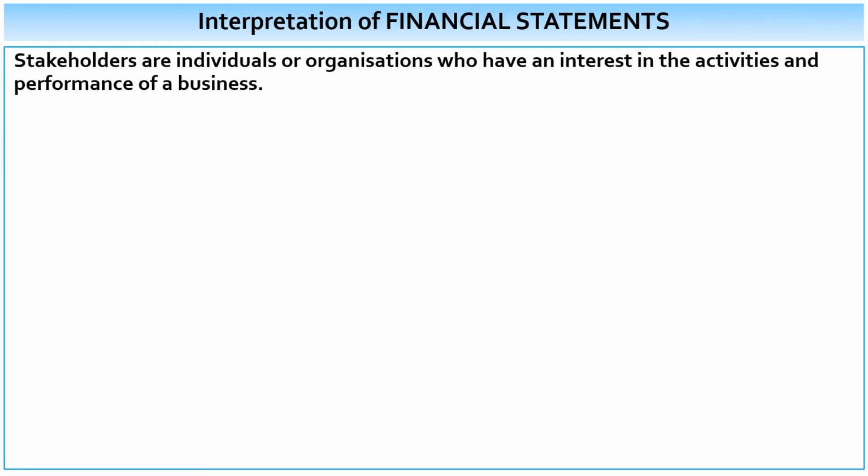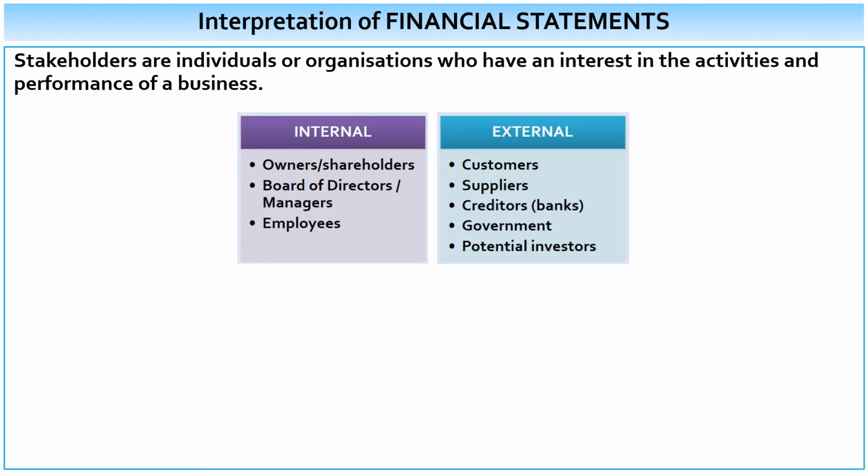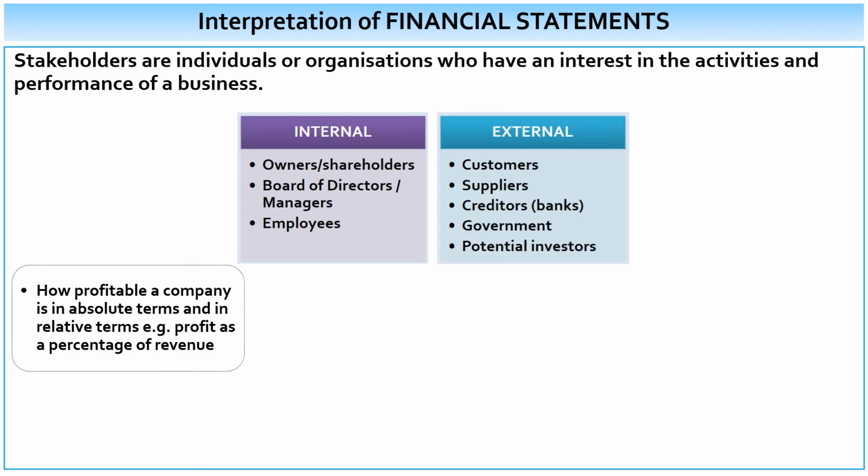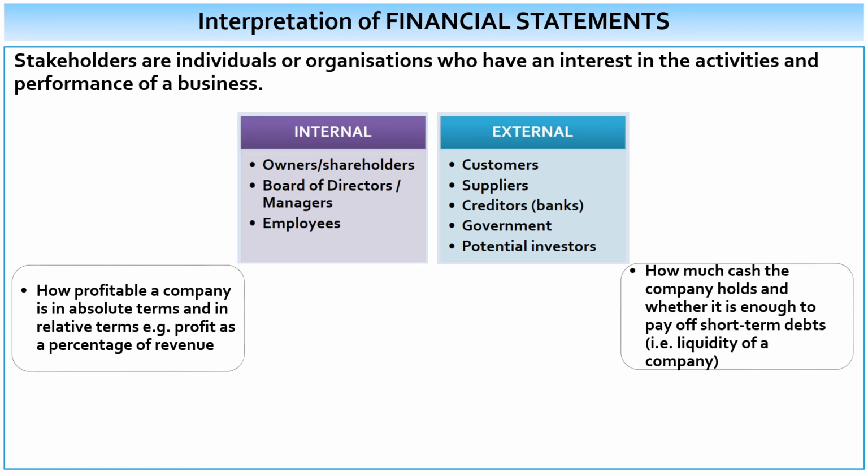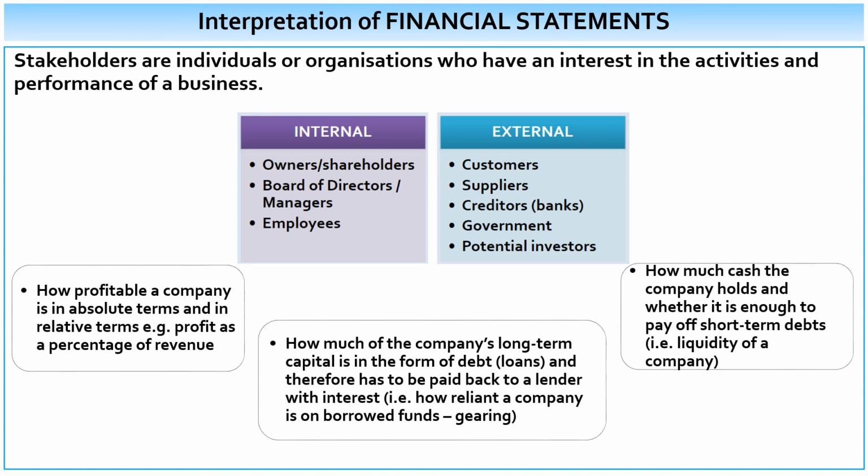Now, stakeholders may find the statement of financial position of use to them. A stakeholder is any individual or organization who has an interest in or is affected by the activities or the performance of the business. We have internal and external stakeholders, and they'll be interested in how profitable the company is, how much cash the company holds, how much of the company's long-term capital is in the form of debt and has to be paid back to a lender, and how much is from shareholders.